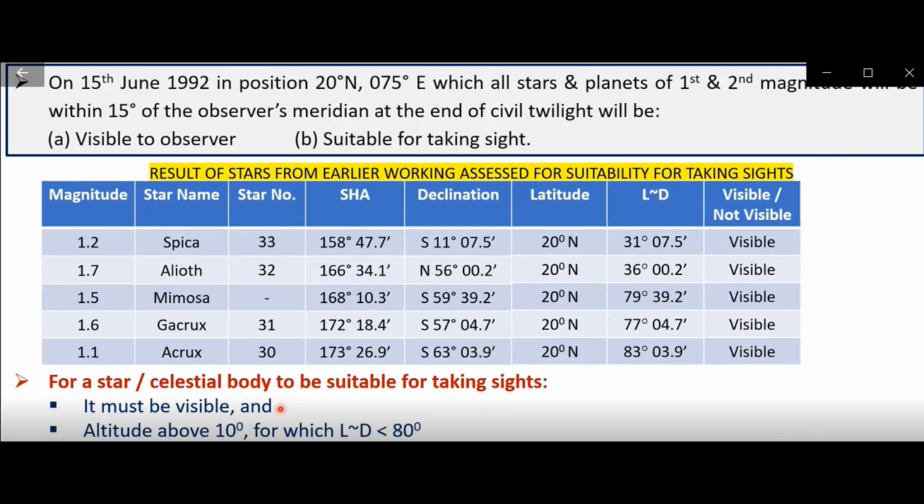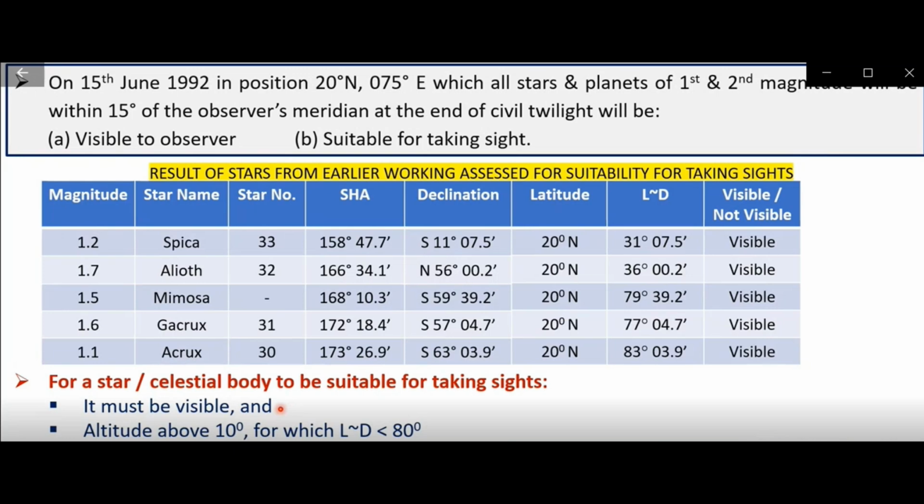And secondly, close to the horizon, when the altitude is less than 10 degrees, the value of refraction correction is very, very huge. So the refraction changes very fast. Therefore, there is a chance of having an error in the altitude of the body. So that is why less than 10 degree altitude, the body is not recommended for the purpose of sight taking.